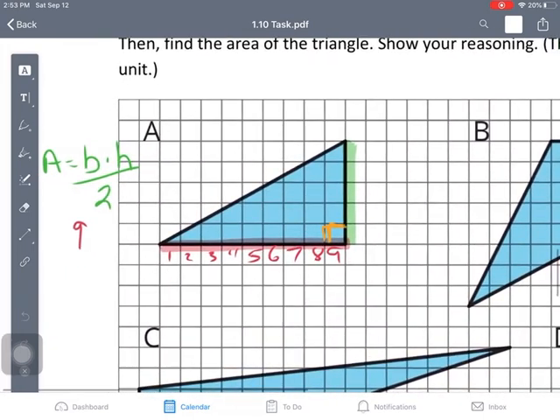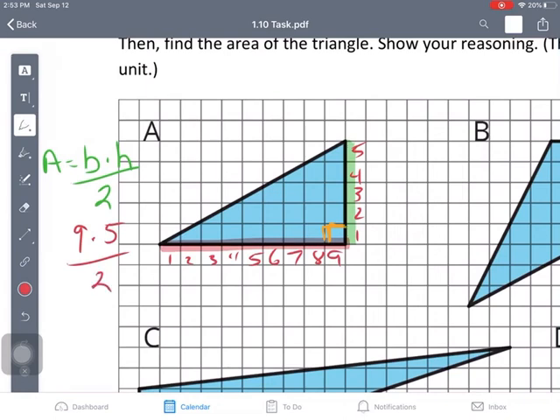Okay, so I've got my base of 9 times my height. I just got to count that out for the grid. So that would be 1, 2, 3, 4, and 5. So 9 times 5 divided by 2. So 9 times 5 is 45 divided by 2. Oops, I wrote the wrong number there. Sorry about that.